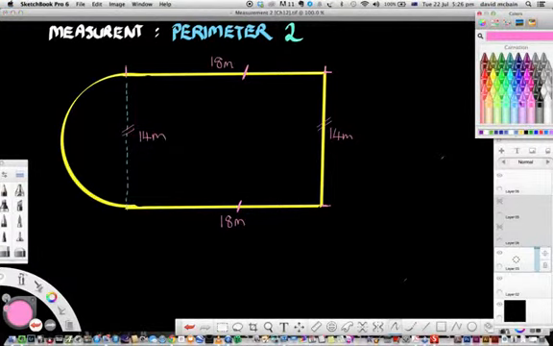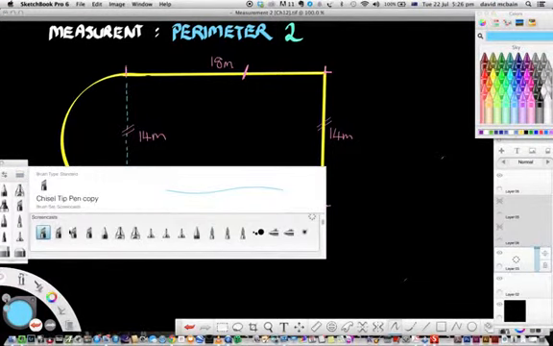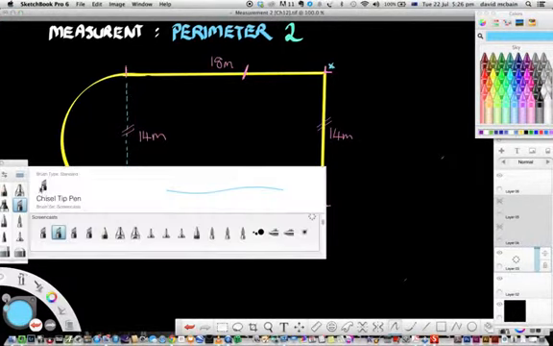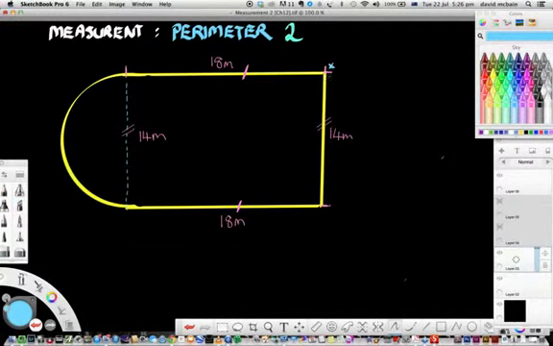So if we want to work out the perimeter of this shape, as we have in the past, we find a starting point on a corner, or convenient point, say here, and we then walk around the outside of our shape and then add up all the sides together.